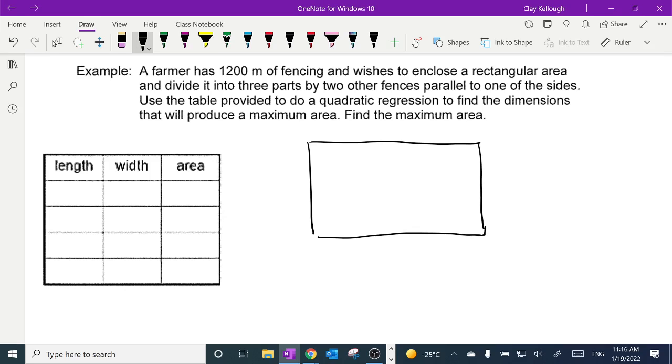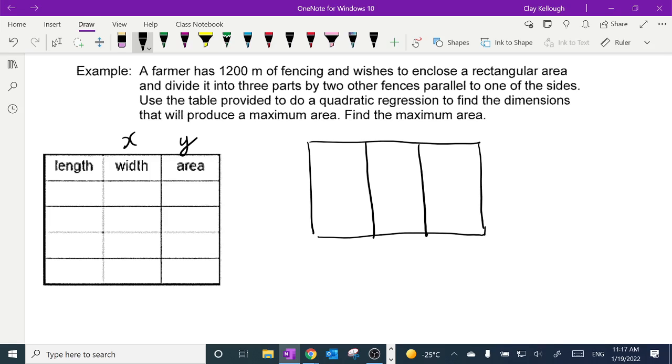Say he wants to keep his goats separate from his pigs from his cows. So we have 3 parts in the field. Use the table provided to do a quadratic regression to find the dimensions that will produce a maximum area. So once again, the key here is going to be width.